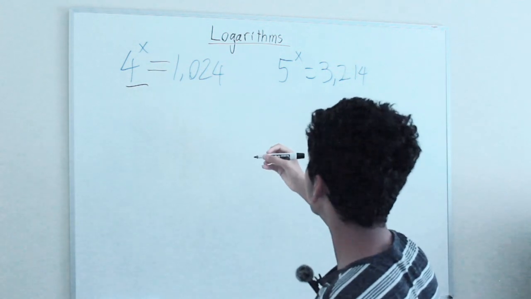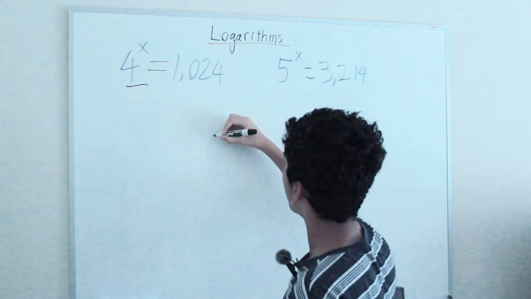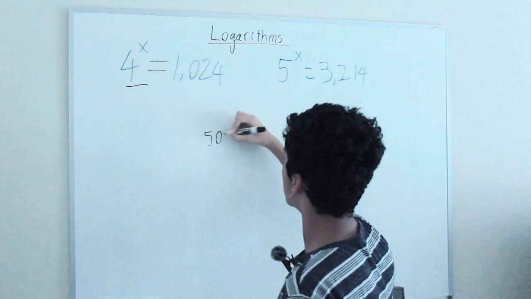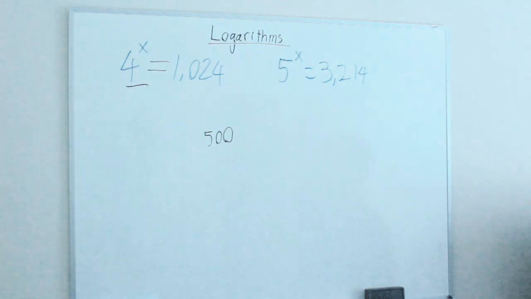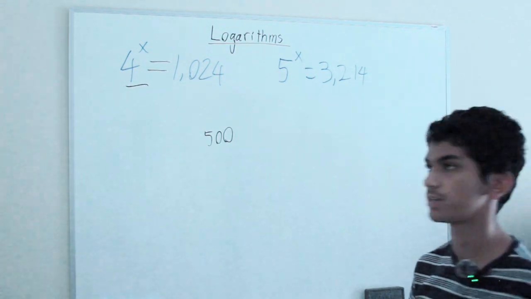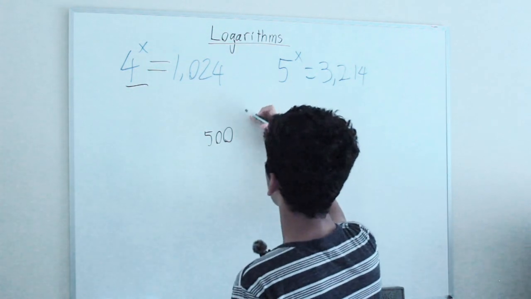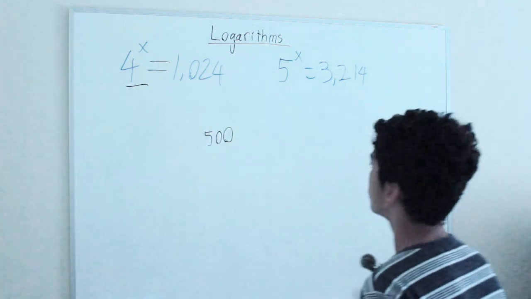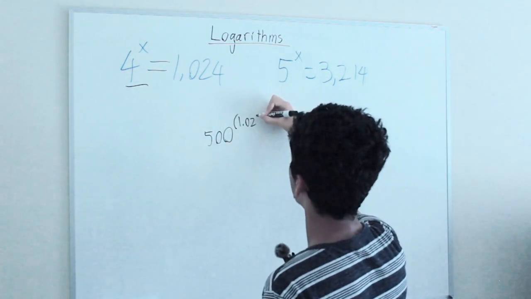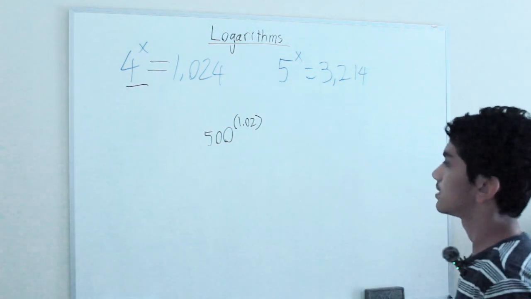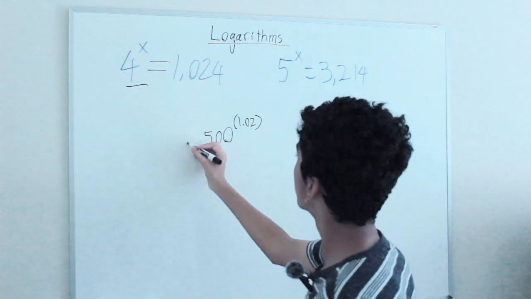So let's say you have $500, and then every year this $500 increases by 2%. So you have to raise this to the power of 1.02. This is our function.